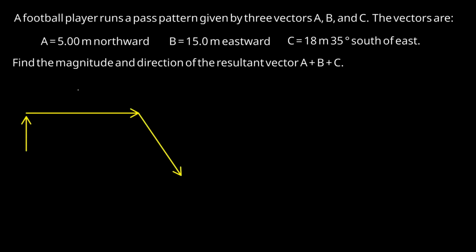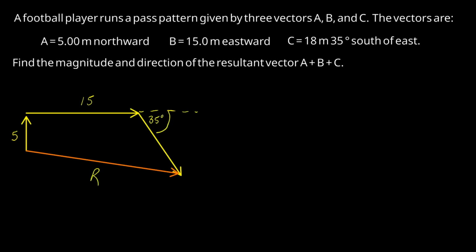So it's going to be something like this. All right, so the resultant will be here. Okay, so this is 5. This is 15. North, this was east. All right, this one, I'm going to extend here, and this is 35 degrees here.